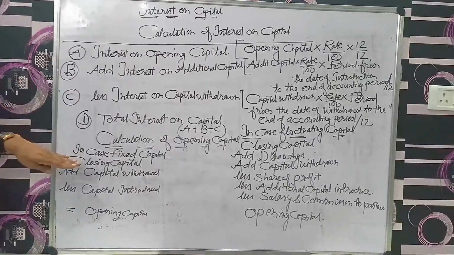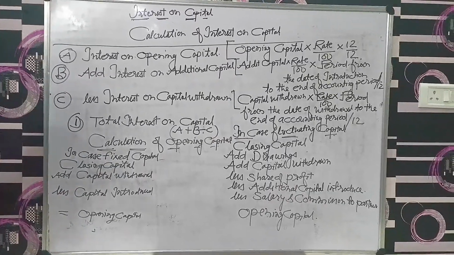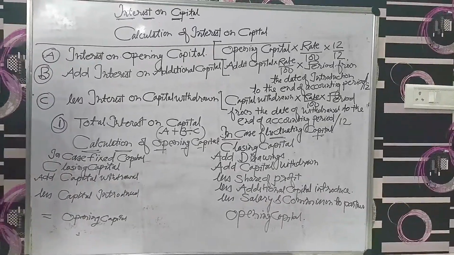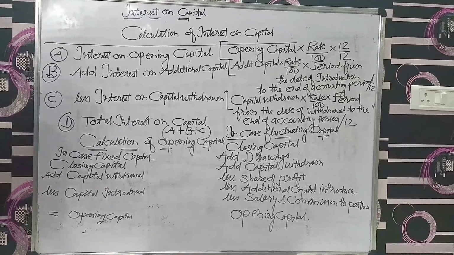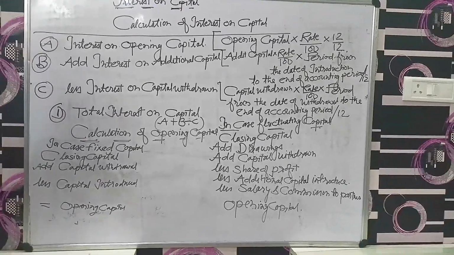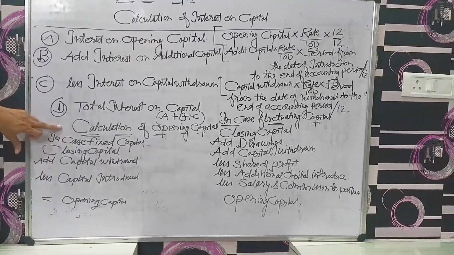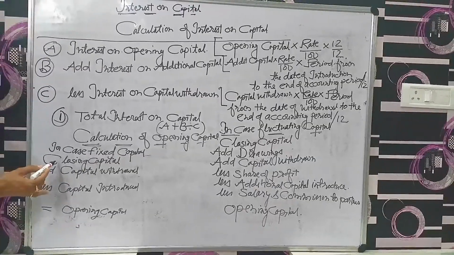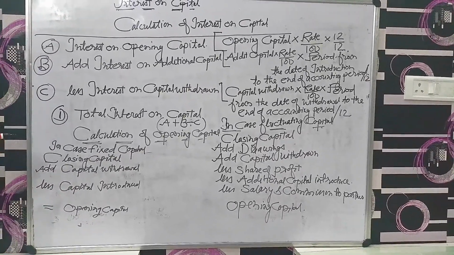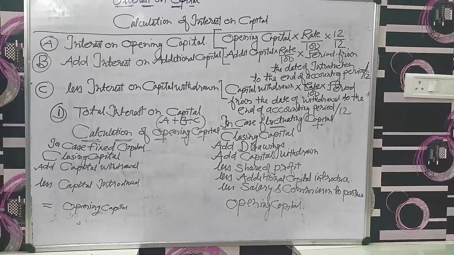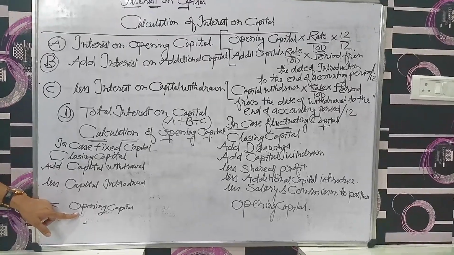Students have a misconception that fixed capital always remains the same, but it's not like that. इसको हमेशा हमको ध्यान रखना है, फिक्स कैपिटल भी चेंज होती है. तो फिक्स कैपिटल जब भी होगा तो उसको ओपनिंग कैपिटल निकालने के लिए क्लोजिंग कैपिटल जो हमको दे रखी होगी, add the capital withdrawn permanently by the partner, less capital introduced, you will get the opening capital.